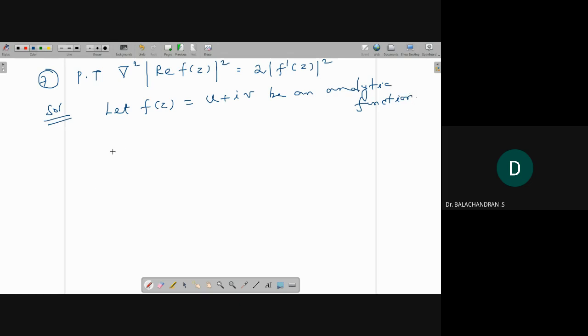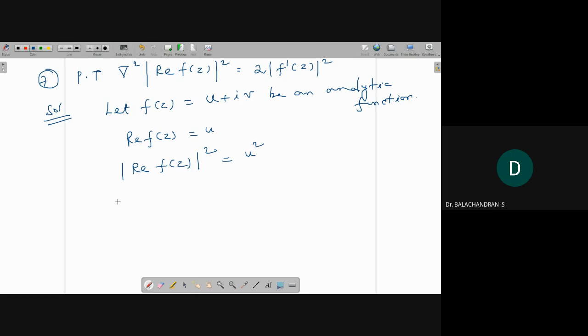What is the real part of f of z here? U. So the modulus of the real part of f of z whole square is u square. There is no need to put modulus, we can just take this as u square.